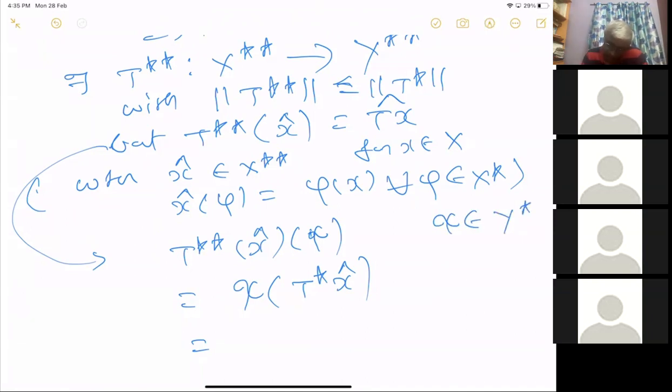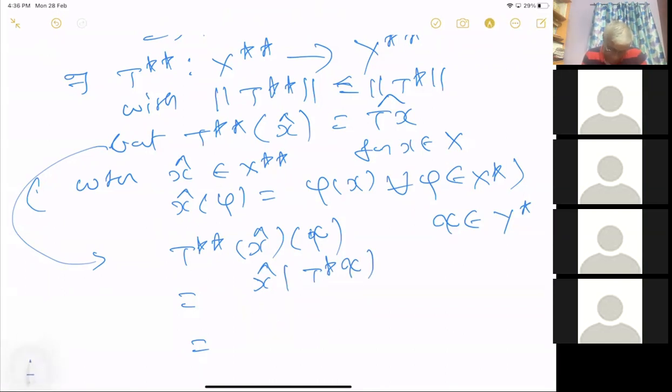So this is just x hat acting on T star of chi. Now it looks okay. So that is equal to x hat.